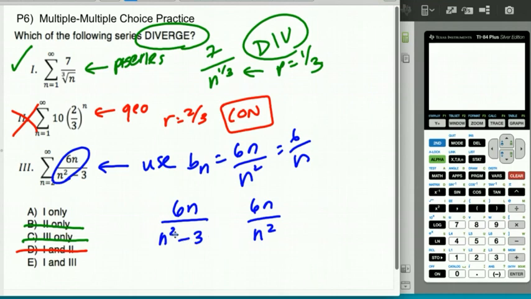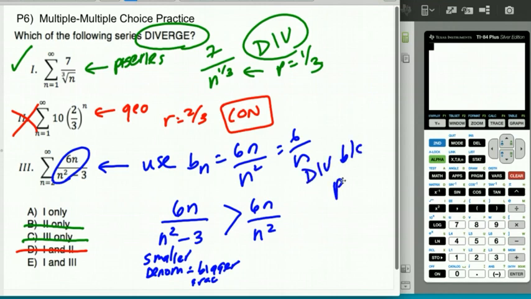So this thing, the denominator is smaller, so smaller denominator equals bigger fraction. So this thing is bigger than this. Well, I know 6 over n diverges because it's a P series where P is 1. So bigger than infinite also means infinite, so this thing diverges.